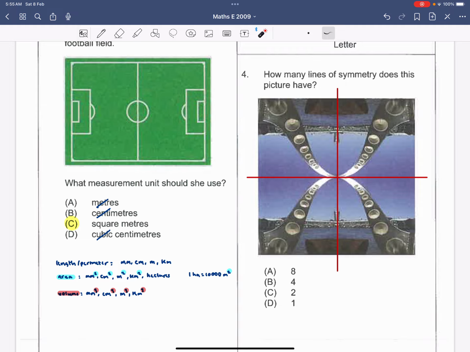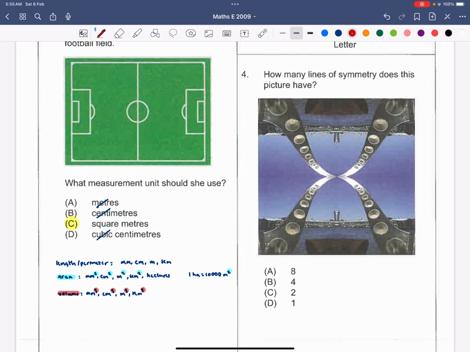You can see that it's symmetrical across this line because whatever's happening over here, the same thing's happening over here. So the answer is definitely at least 2 or more, okay? We at least have 2 lines of symmetry. Are there any more? Are there any diagonal lines of symmetry?